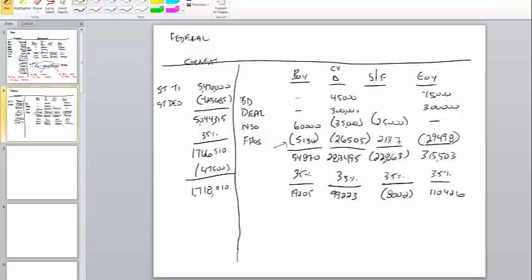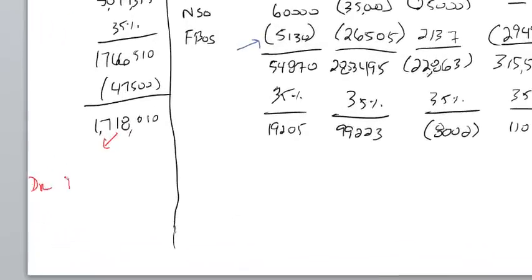Now, let's see if we can come up with journal entries. Okay, so our journal entry for the current is going to be debit provision, 1.7 million, credit payable, 1.7 million.